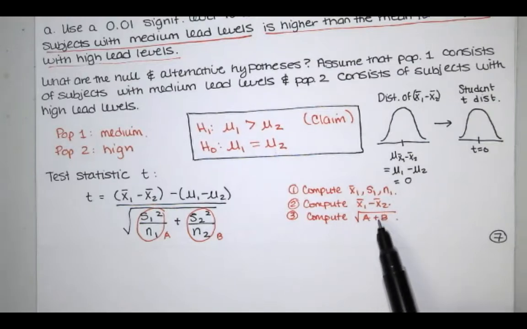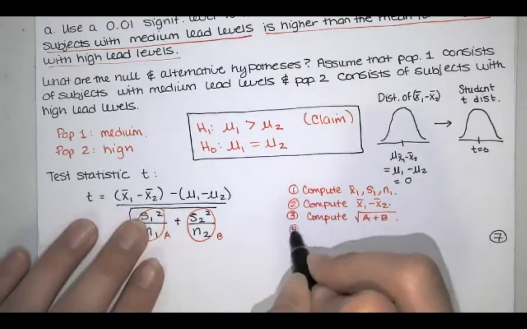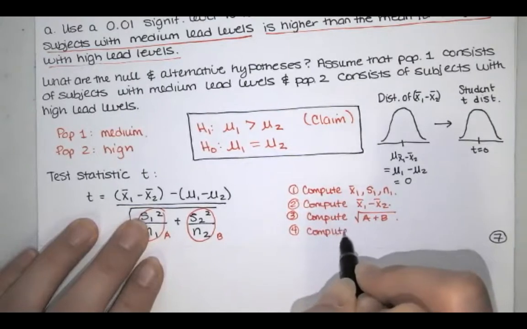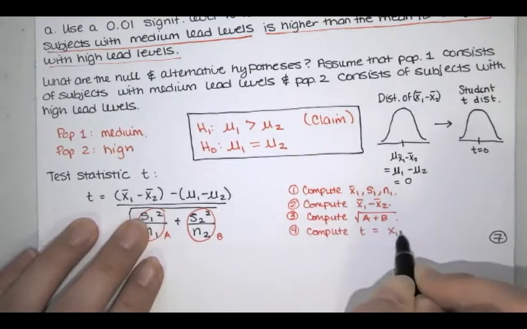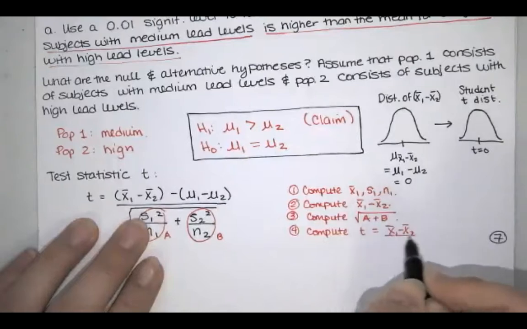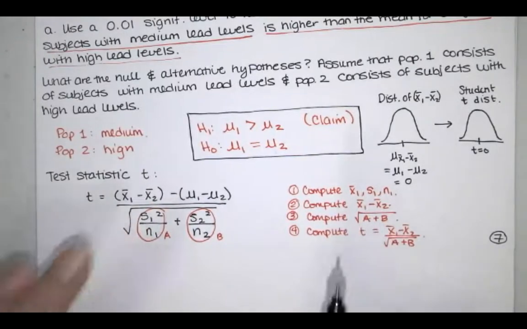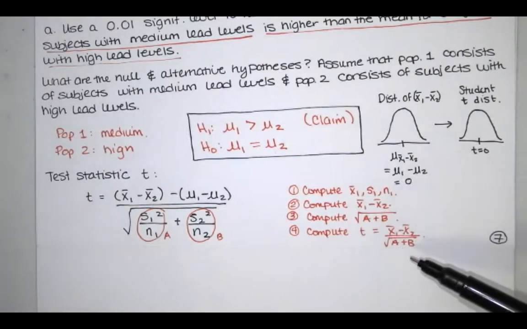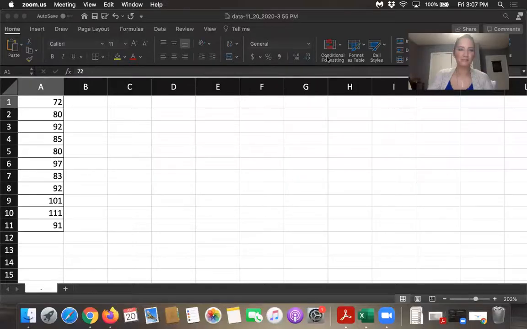Okay, and then once we've got this and this, we can divide them to get our test statistic. Okay, so that's the plan. Let's go to Excel and compute these summary statistics and then start computing all of this that we've listed here.